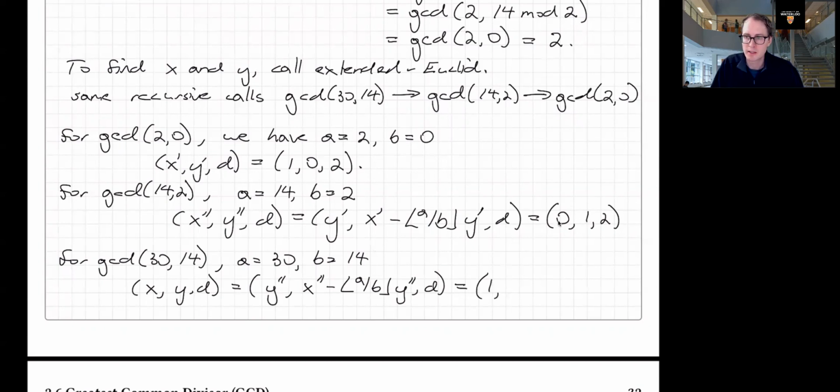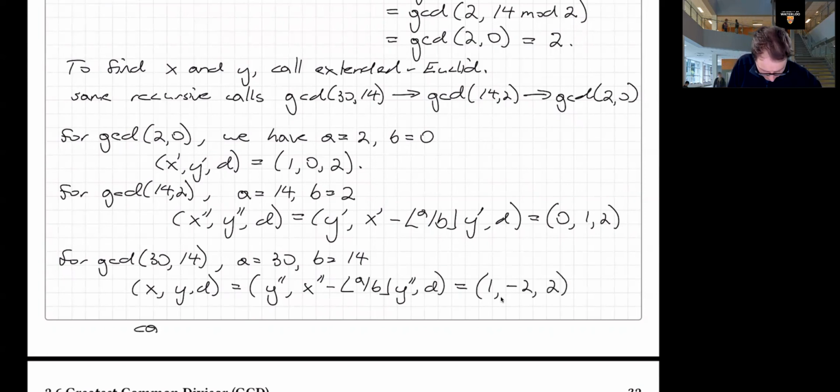X double prime is 0. So this is going to be 0 minus the floor of A over B. 30 divided by 14 goes in twice. So this is minus 2 times Y double prime, which is 1. So we're going to get minus 2 and then 2.